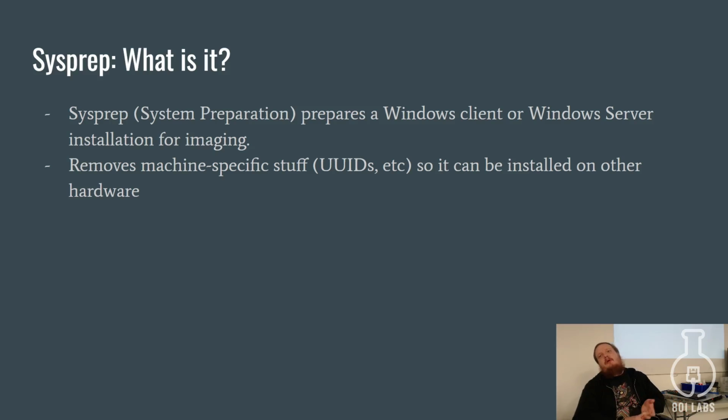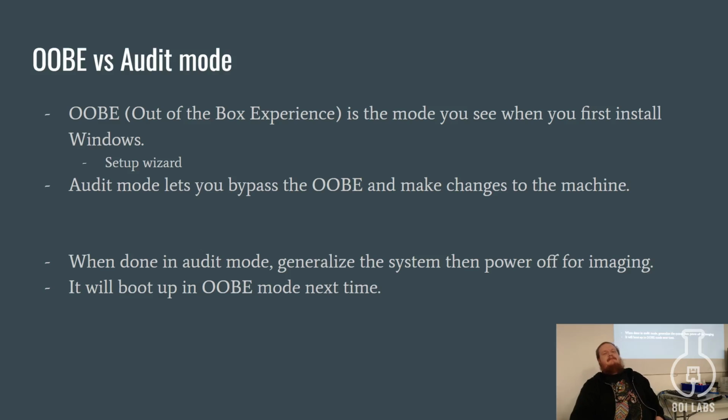It'll clear the UUIDs on it, and it'll basically get it ready so this image, when it's put on any machine, will install like Windows. And so then it'll install whatever other drivers the machine needs, but it'll still have your image customizations. There's a lot more to Windows imaging than just Sysprep, so we might get into that a little bit today.